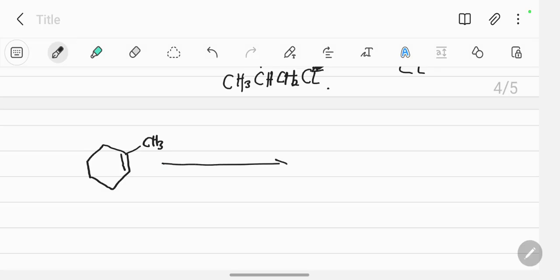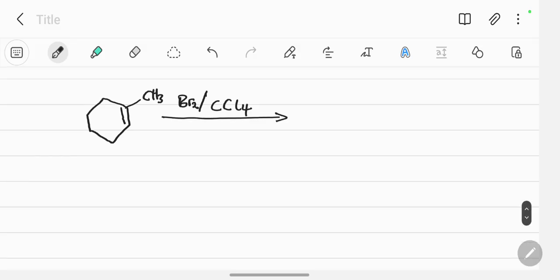When we add in bromine and the carbon tetrachloride, what do we form, and what is the mechanism? You can pause the video and work that out.